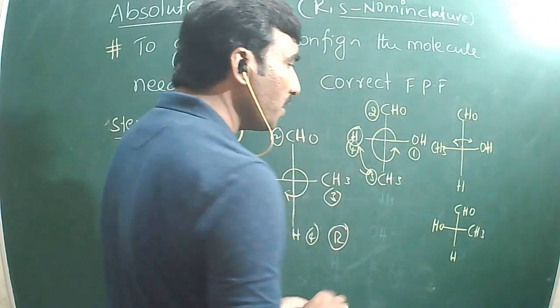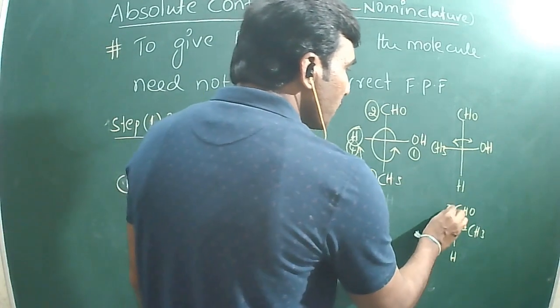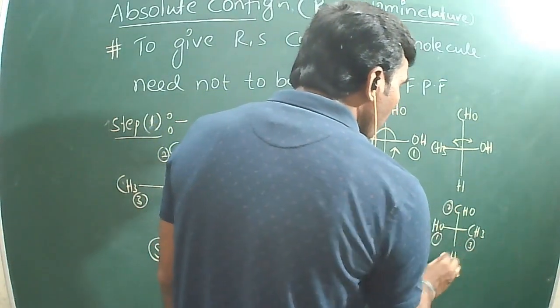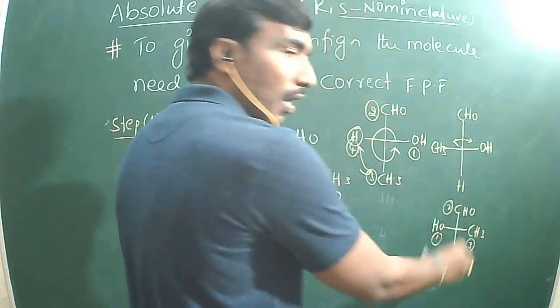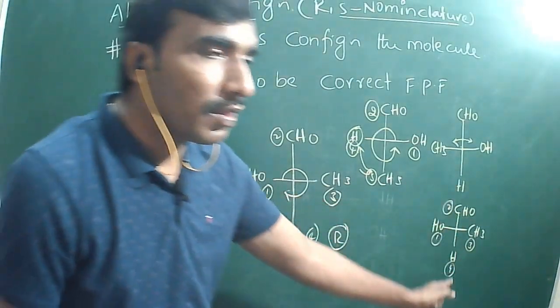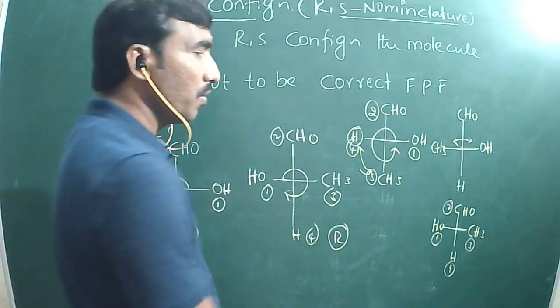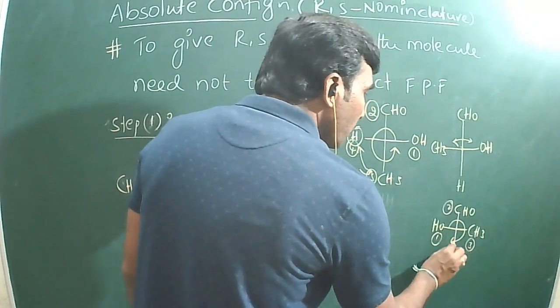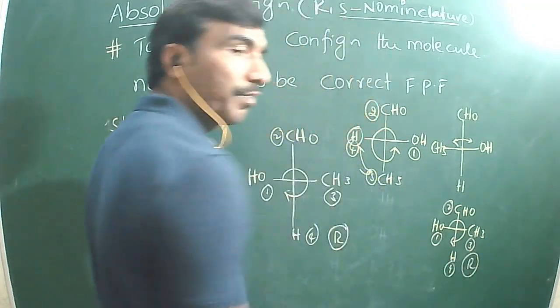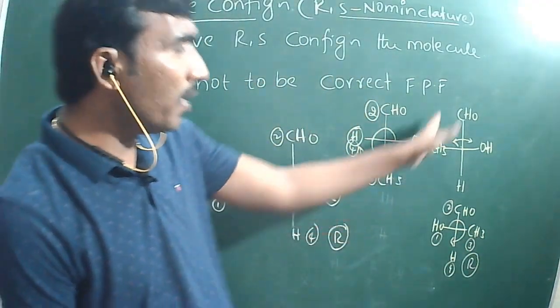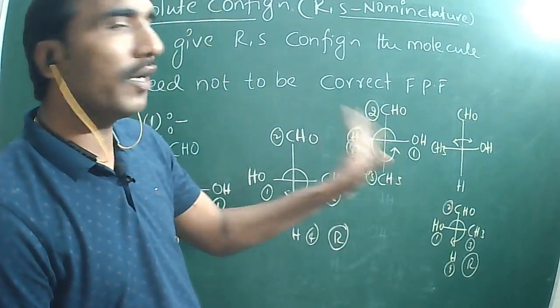Now priority order: first priority, second priority, third priority, fourth priority. Now I got the configuration where the least priority group is on the vertical line. Then it is clockwise. To avoid these 2 steps, you can do it directly here.